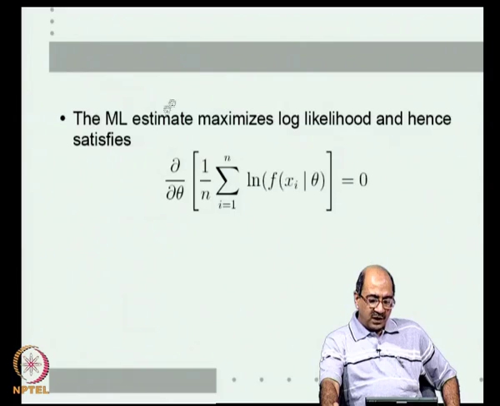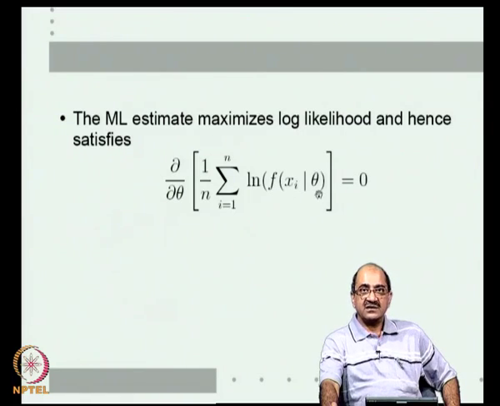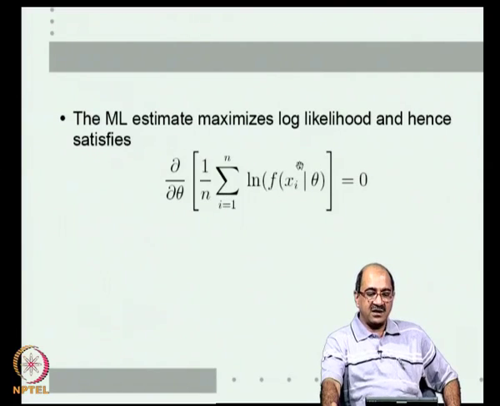Now, what I put inside the brackets looks like a sample mean of something, right. The x i's are IID. So, I can think of ln f of x i as some function of the random variable x i. So, 1 by n sum from i equal to 1 to n of some function, let us say h 1 of x i.